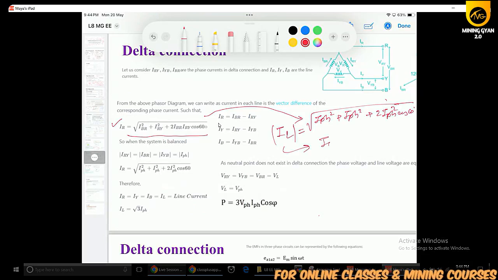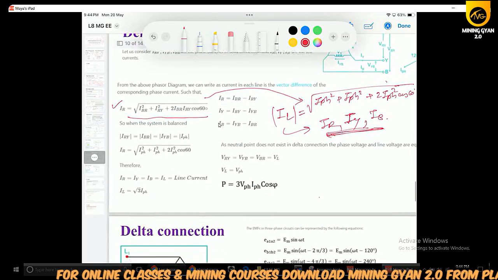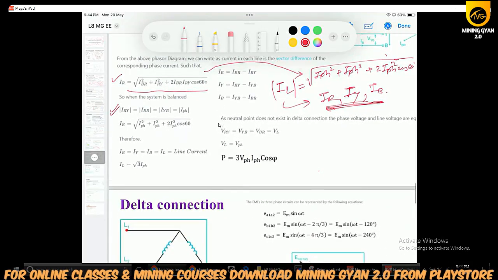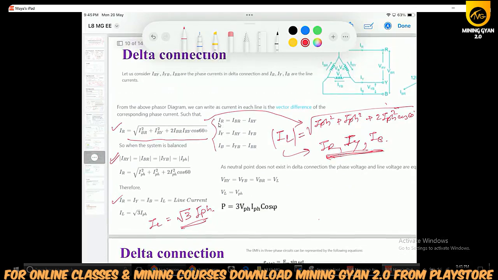It can be IR or IY or IB, because in a balanced system the magnitude of these three currents will be the same. The line current equals root 3 times the phase current in case of a delta connection. You can get these equations by applying KCL at nodes R, Y, and B.